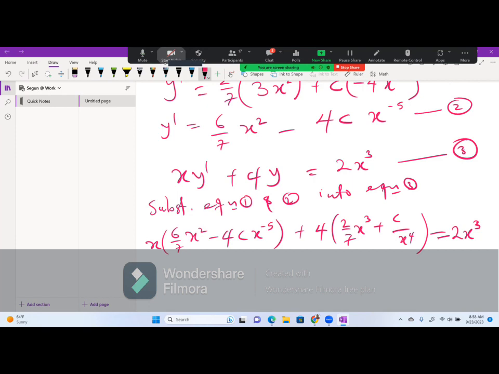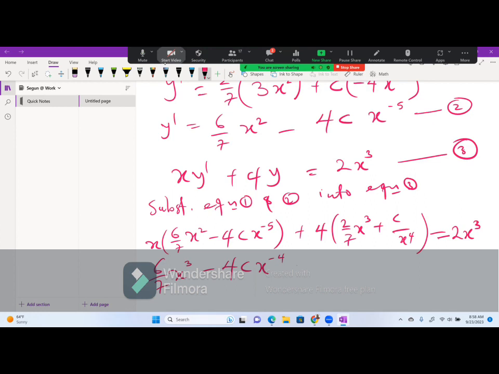So, we can open the brackets with this. If you open the bracket, x multiplied by x squared, you have 6 over 7 x cubed minus 4c x minus 4, because when you multiply this, it will reduce because it's plus 1, right?